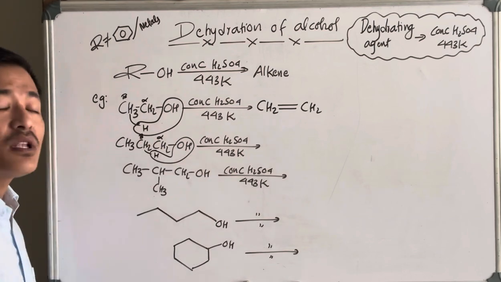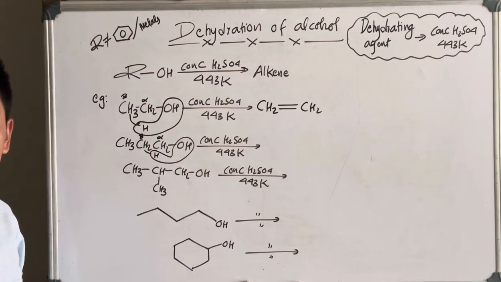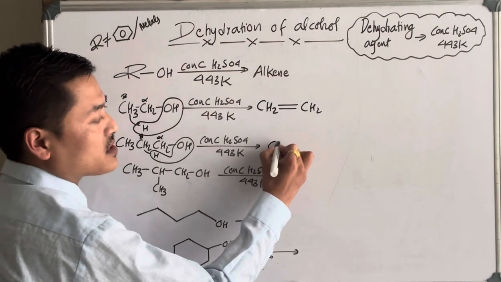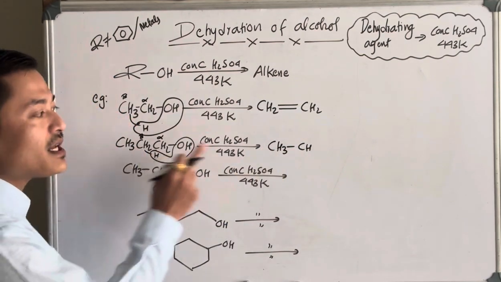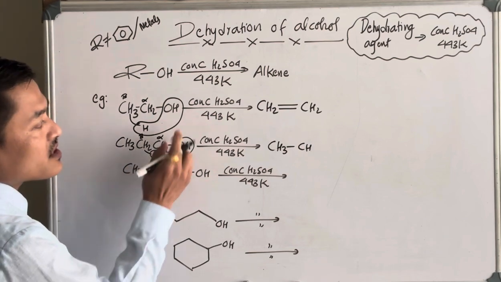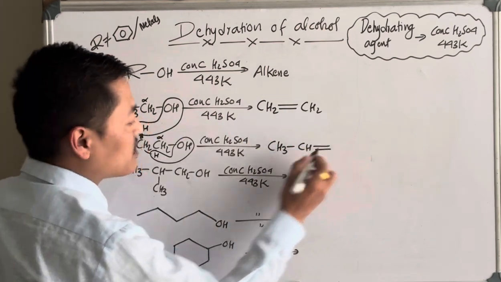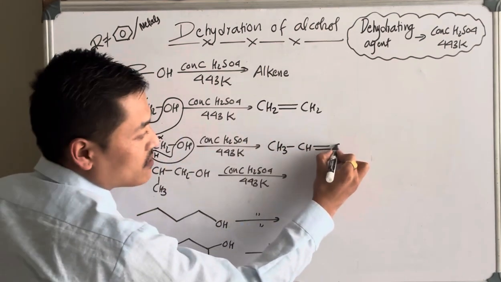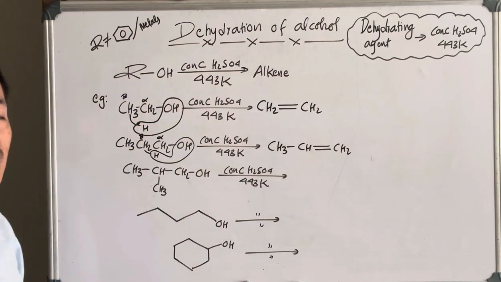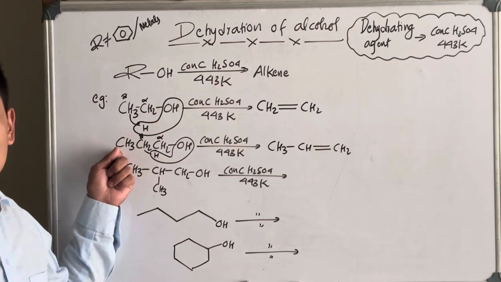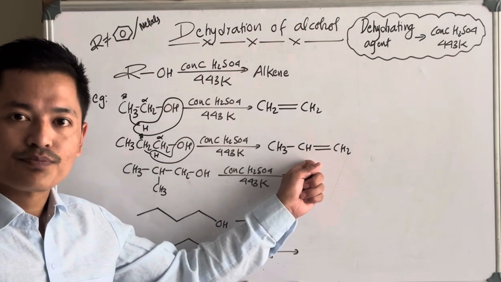Due to the removal of H and OH, that is water, you write the product CH3, CH, with a double bond between alpha and beta carbon, and CH2, the leftover from the alpha carbon. That means propan-1-ol will create propene.